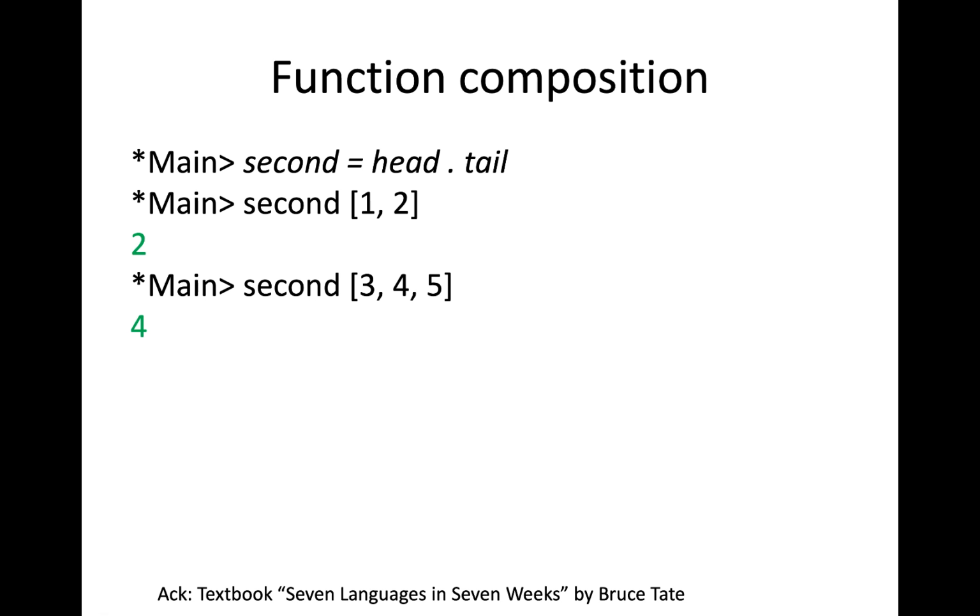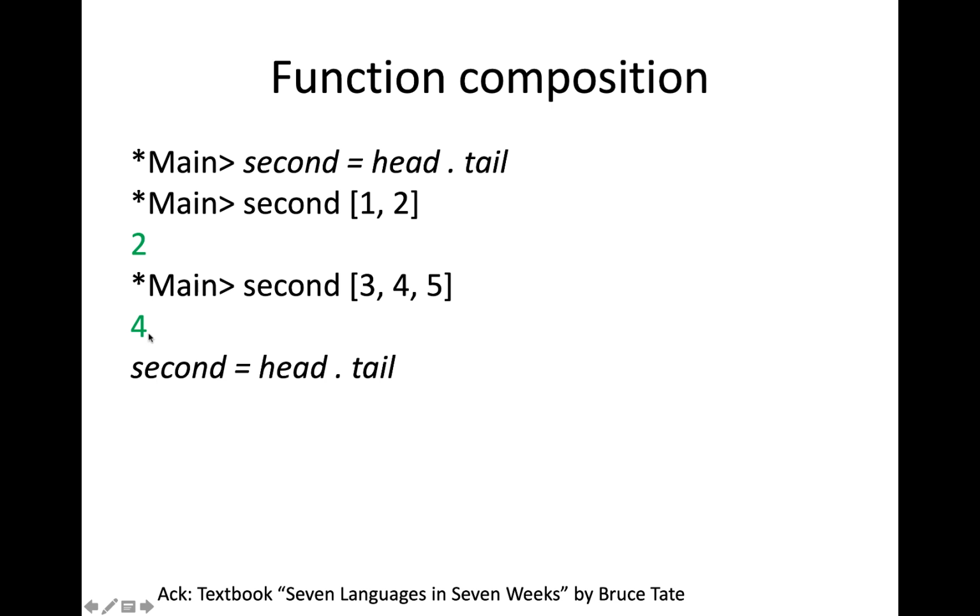The effect of these two functions together will be there. Now let's call that composition function second. And now if we apply second on a list, then that will give you 2. If you apply that on another list, here also it will give you the second element of the list.